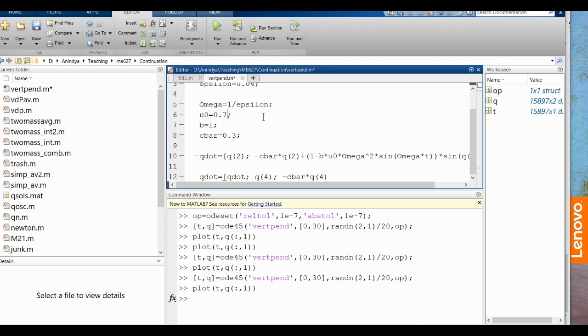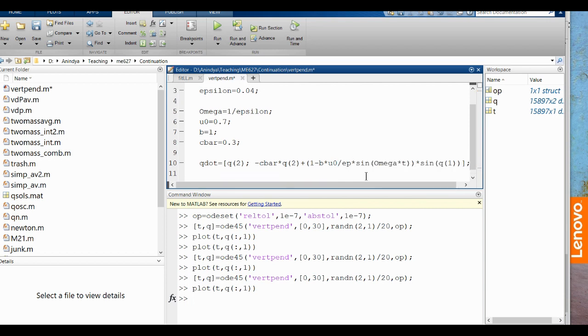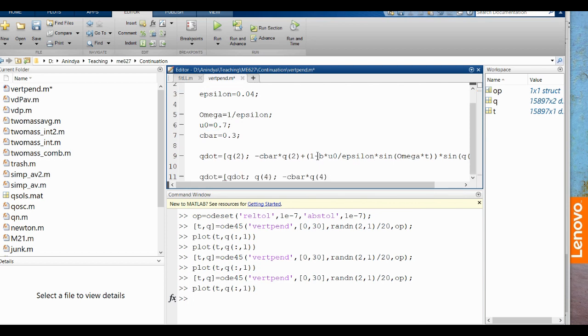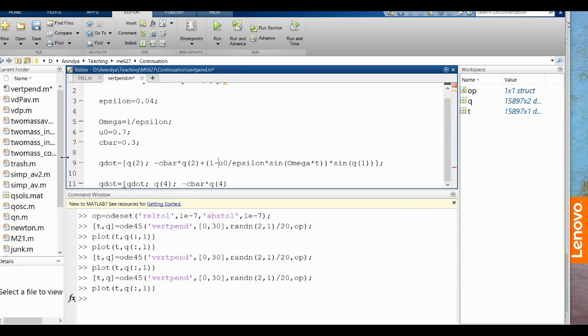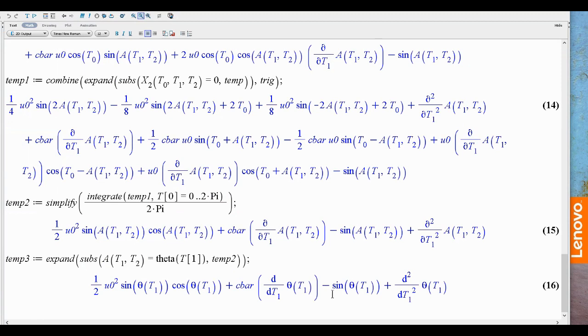is equal to 0.7. Then let me come here and say by epsilon, and the b was 1, so let me just get rid of it, and over here I can get rid of that. So I hope you will agree that I am now doing essentially the same equation, no problem. And then over here c bar times q4, so we are here with the negative, and then with a 1 minus u0 square by 2 cos theta.